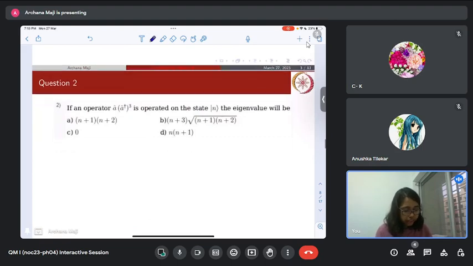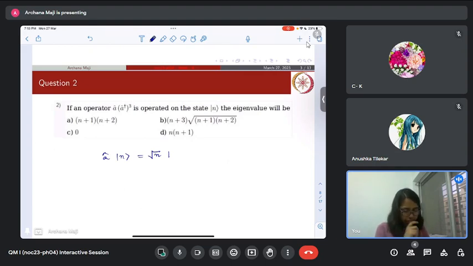If an operator a dagger whole cube is operated on state n, what will be the eigenvalue? Can you do this? So we already know A acting on n gives what? Square root n. We proved it. This factor square root n, how it comes.